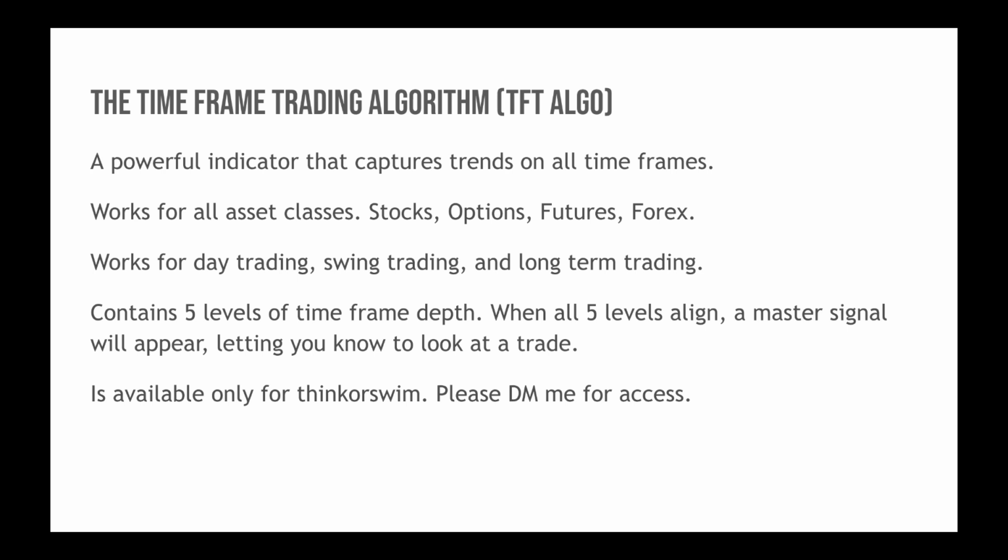It's very, very flexible and adaptable. Specifically, it is a trend measuring algorithm that captures up to 5 levels of time frame depth and displays them on your chart as a green or red dot. When all 5 dots align, either bullish or bearish, a master level dot appears, letting you know that this is a powerful move with momentum.